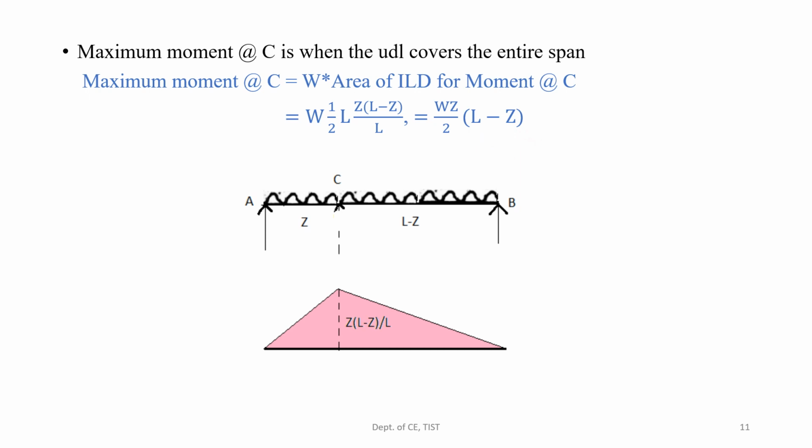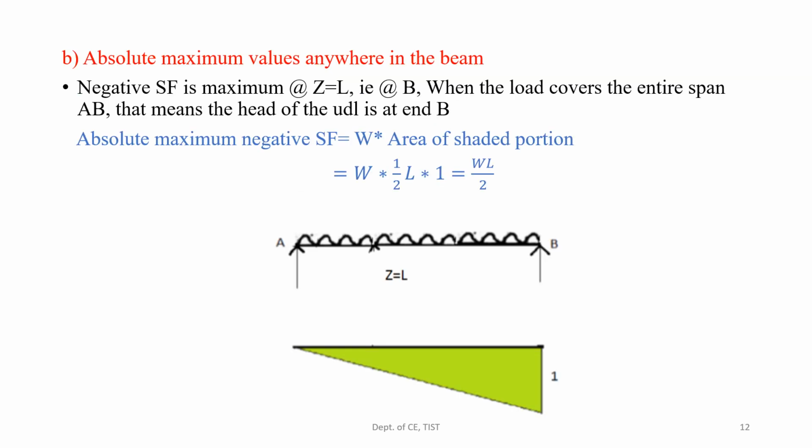Okay. Then next we have to find the absolute maximum value of negative shear force, positive shear force, and also bending moment. Negative shear force is maximum, similar to the case of point load, at Z is equal to L, where the ordinate is 1.